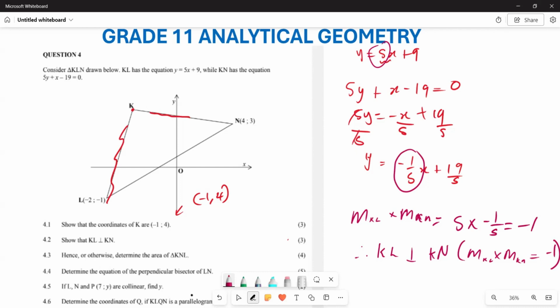Which means, as soon as you have proved that, you are also saying that angle LKM is equal to 90 degrees. So this angle here is 90 degrees.